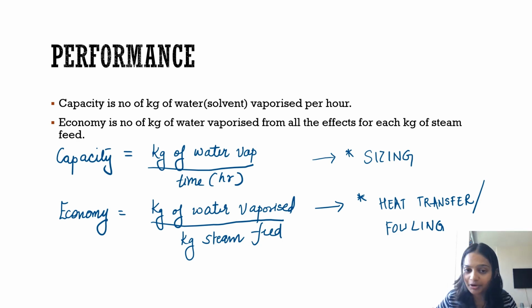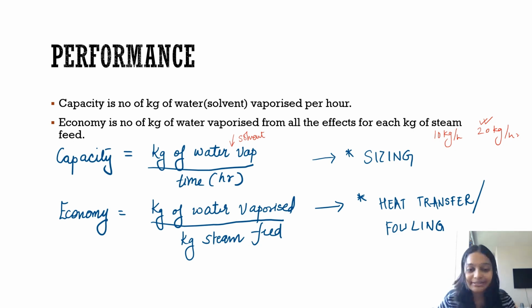It could be water or any solvent that is being vaporized. Capacity helps us know the sizing of the evaporator. For example, if one gets 10 kg per hour and another 20 kg per hour, with other parameters the same, the 20 kg one has the higher capacity.